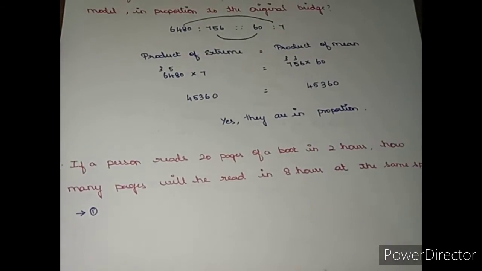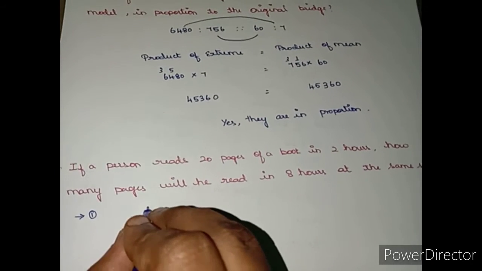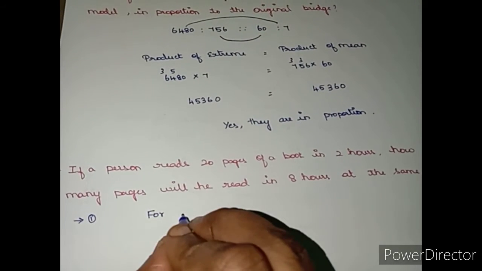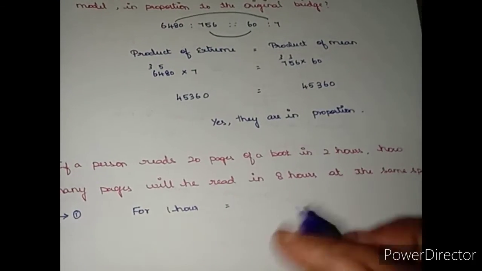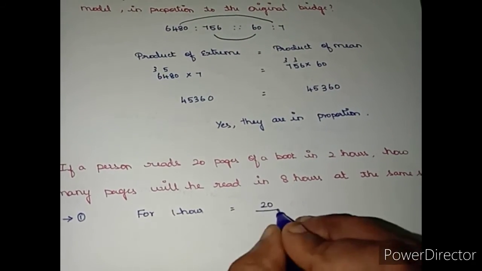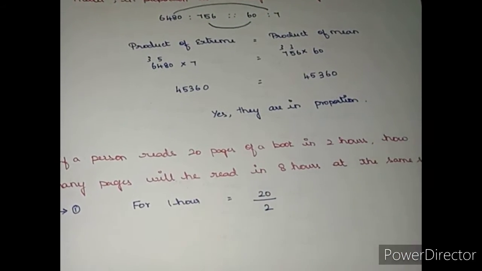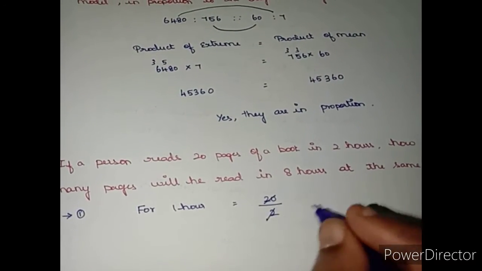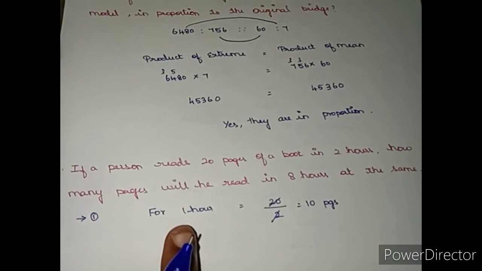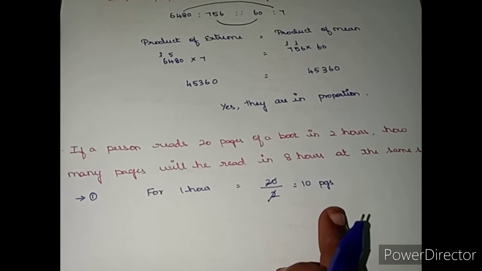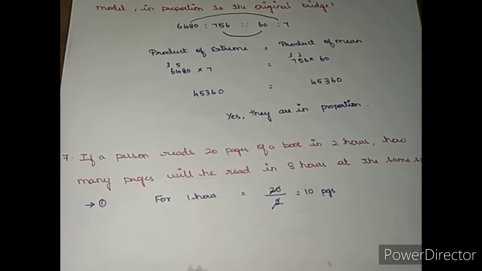First we should find for 1 hour how many pages he reads. So for 1 hour is equal to total number of pages divided by hours. So 20 divided by 2 is 10 pages. So for 1 hour he is reading 10 pages.